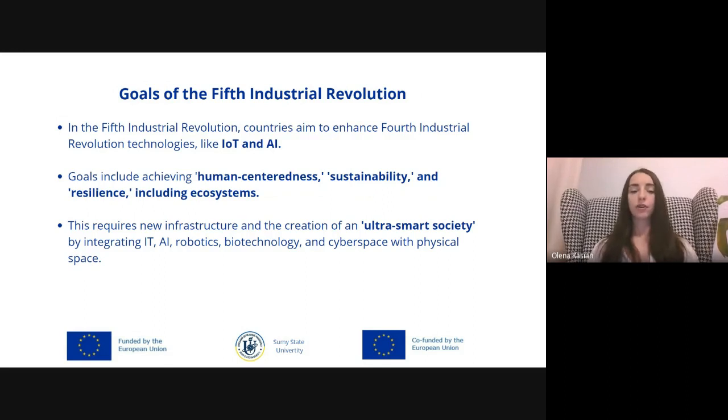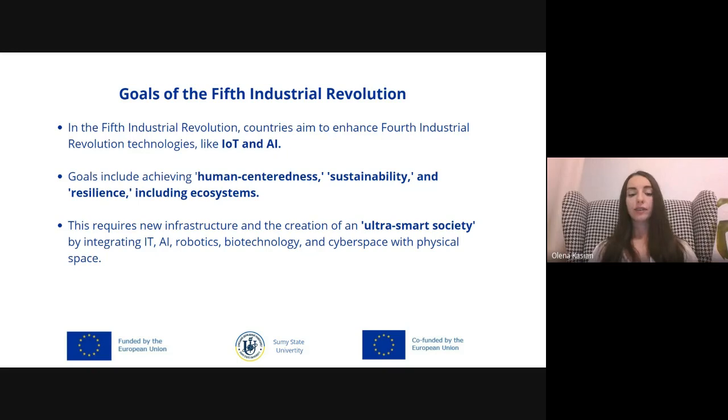The fifth industrial revolution cannot be realized with standalone technologies, but will involve the development of new infrastructure and the realization of the ultra-smart society.